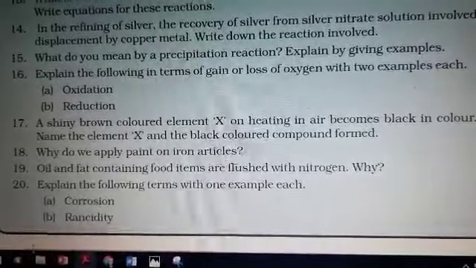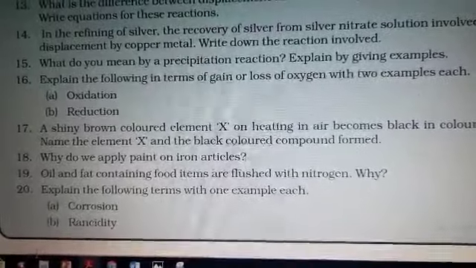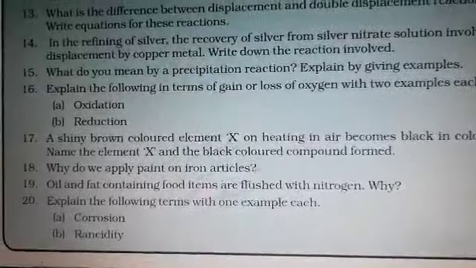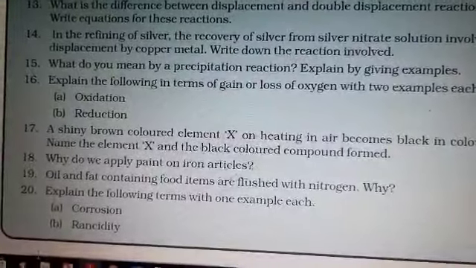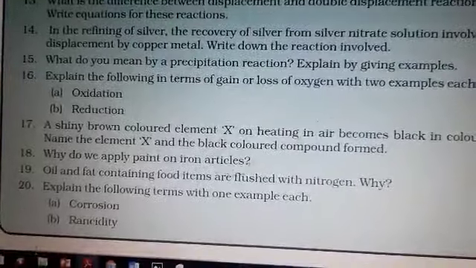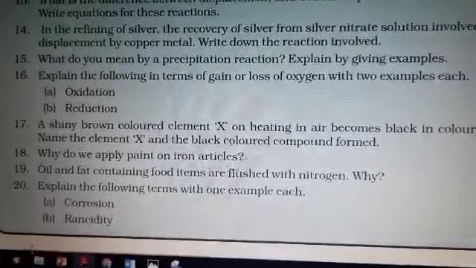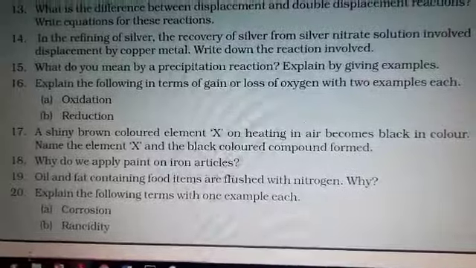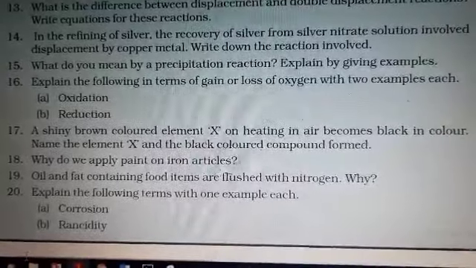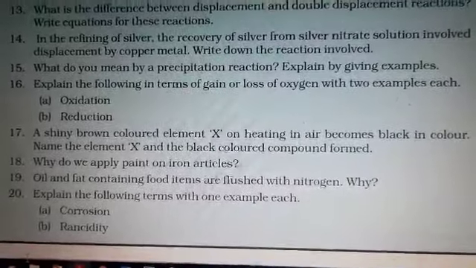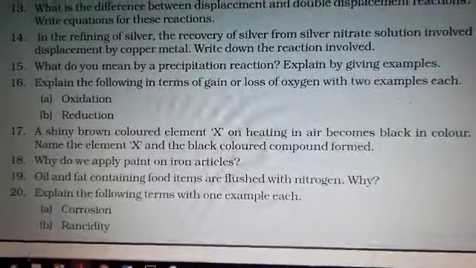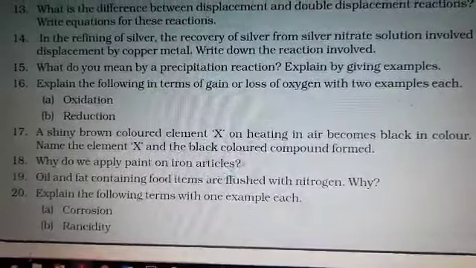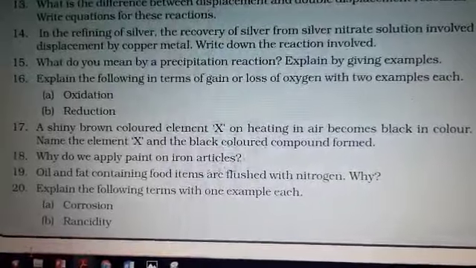As I told you in the reactions while teaching the double displacement, the precipitate which is formed, if you keep the test tube separately, it will settle down, means it doesn't mix up, it is insoluble substance. So you can write that precipitation reactions are the reactions in which an insoluble solute is formed or insoluble substance is produced, right? And then you can write the example also for this.